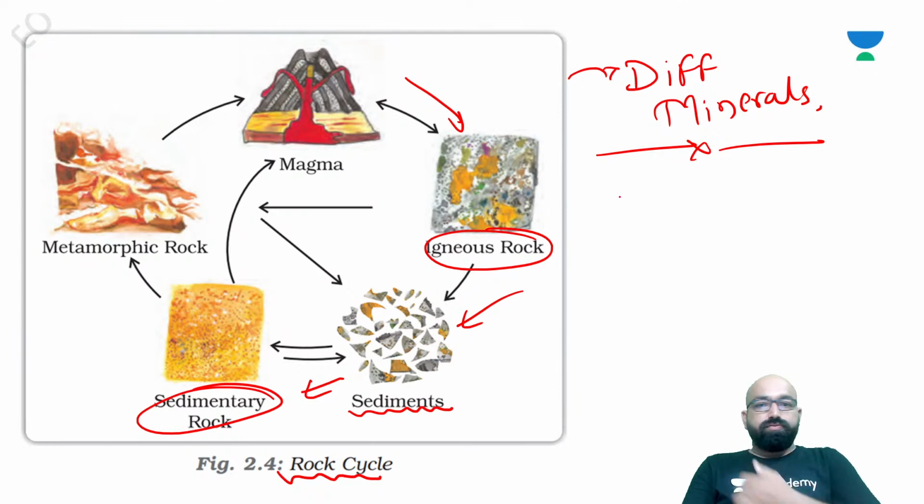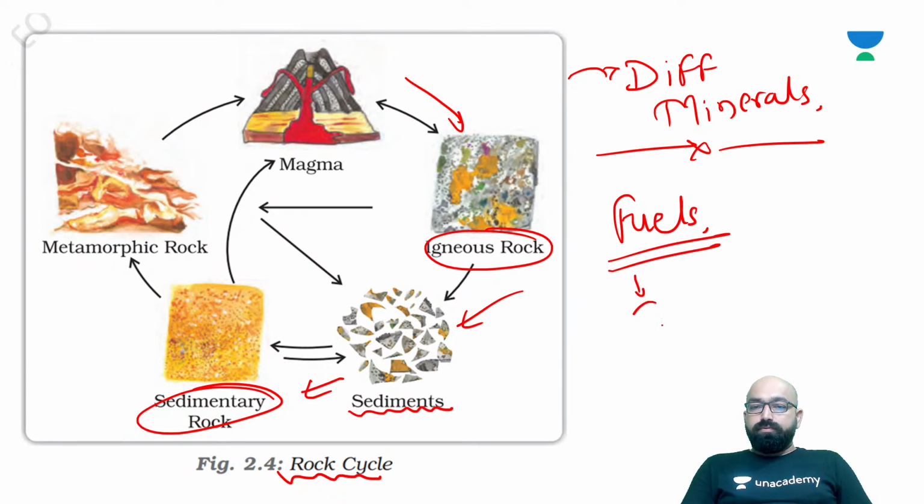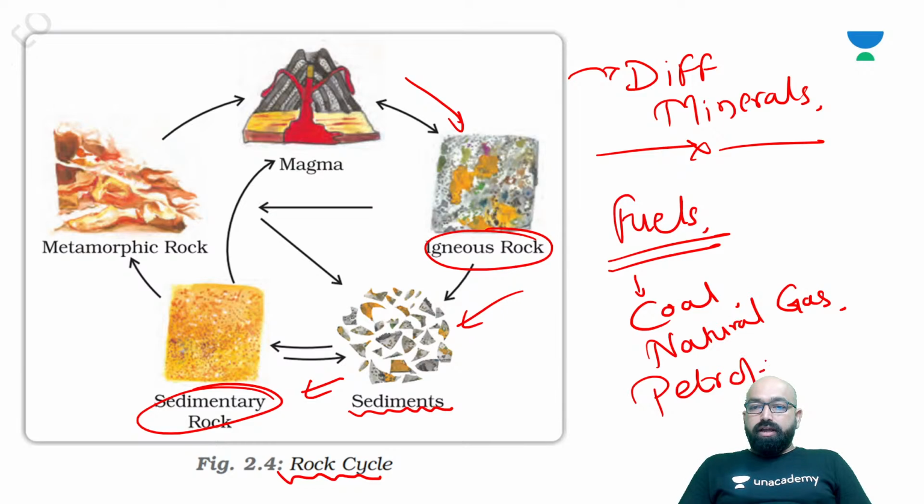Some are used as fuels, for example coal, natural gas, and petroleum. They are also used in industry, like iron, aluminium, gold, uranium, in medicine, and in fertilizers.